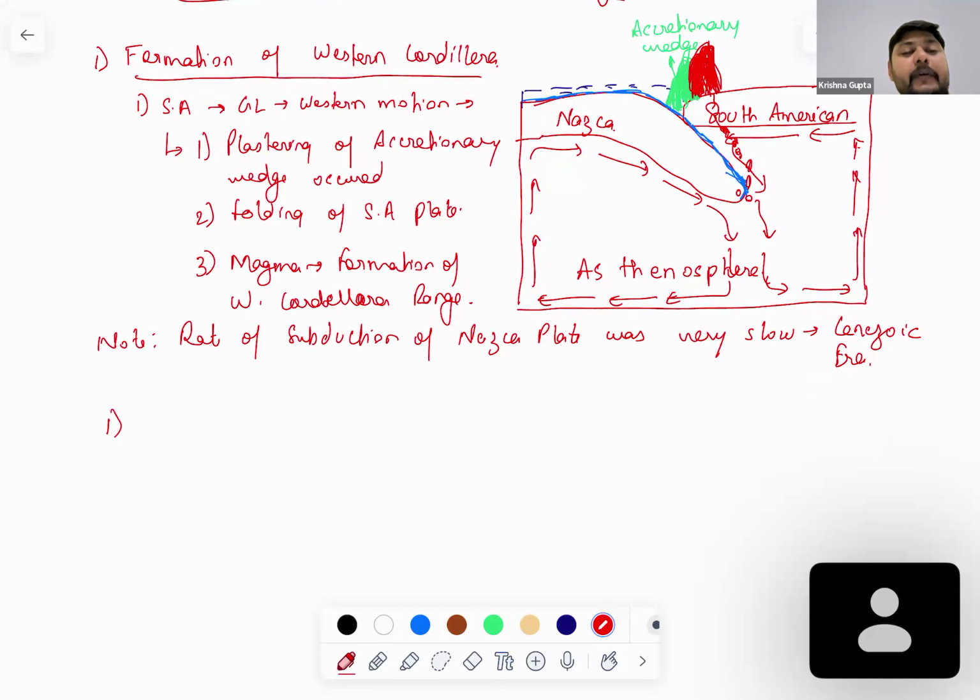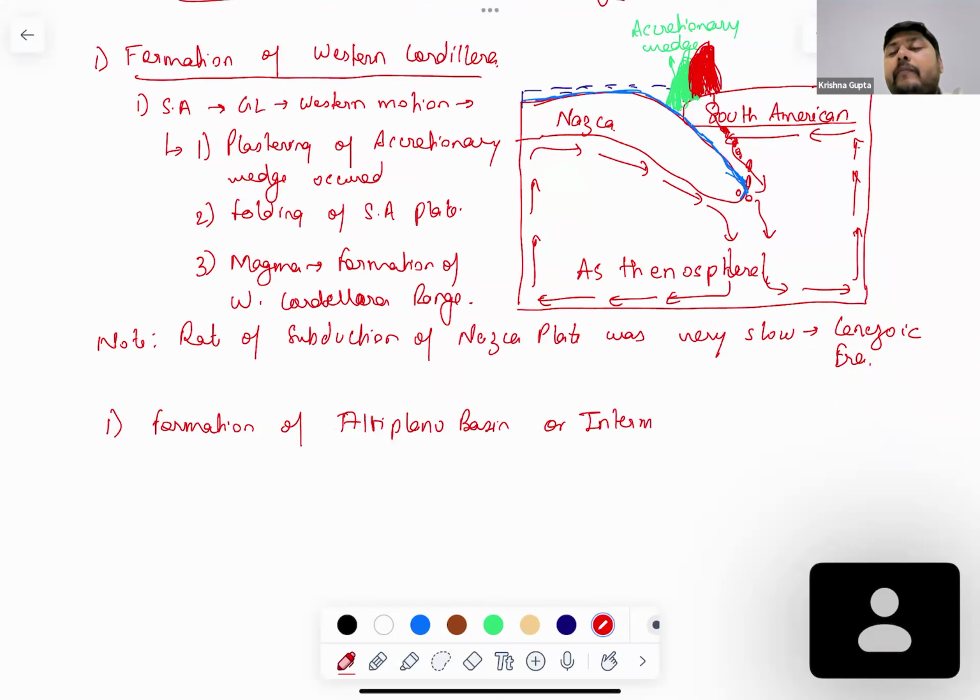Now, number two, the formation of the Altiplano Basin, or we can also call it the Intermountain Plateau. Okay, I'll be explaining this in this diagram itself.